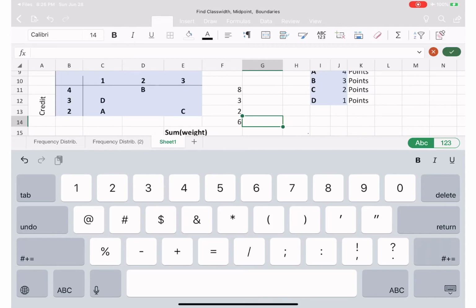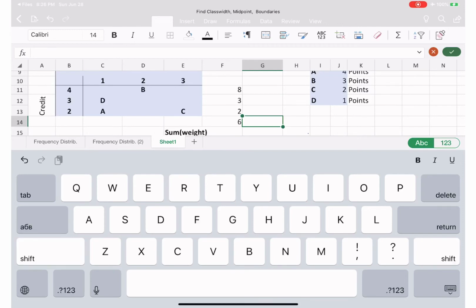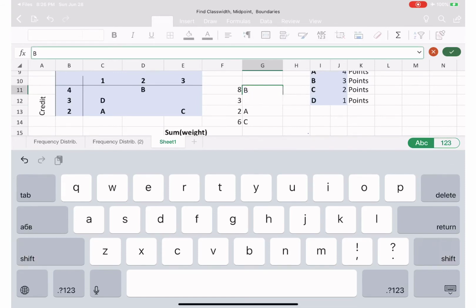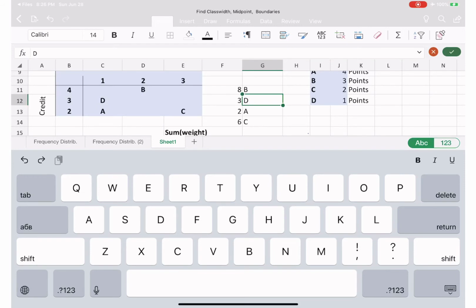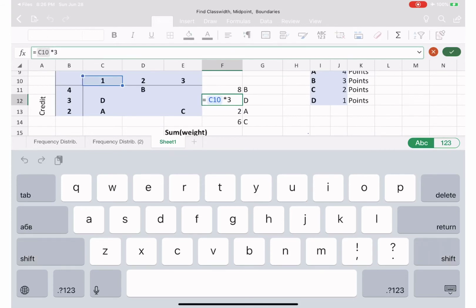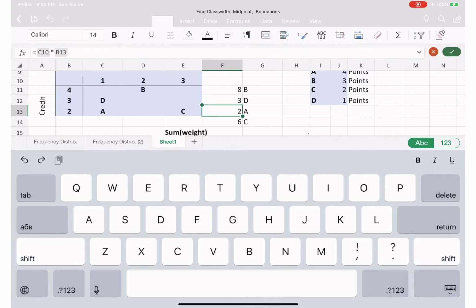Well, let me write down. This is for C. This was for A. This was for D. And this one was for B. Let me check this. Okay, we are good.